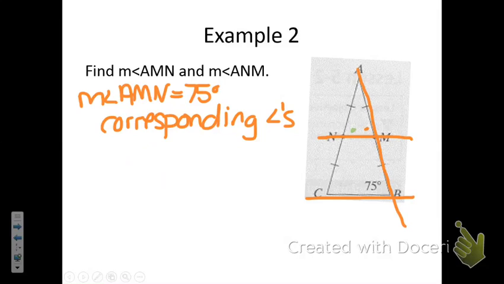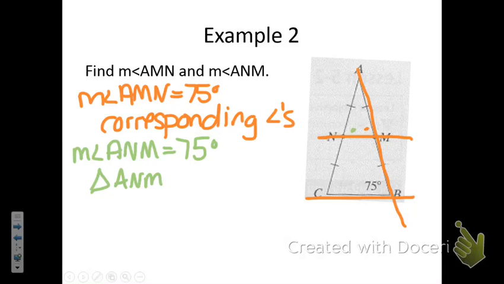We pointed that out a minute ago and said, well, if that triangle ANM has two congruent sides, it also has two congruent angles. So my other angle, ANM, would also have to be 75 because it is an isosceles triangle. So it is 75 degrees since triangle ANM is isosceles.